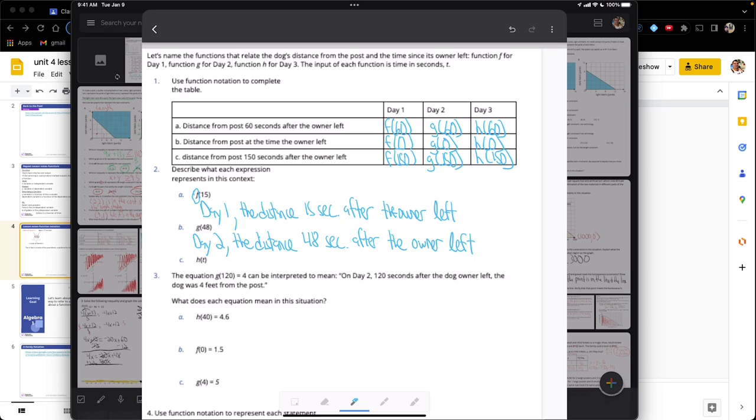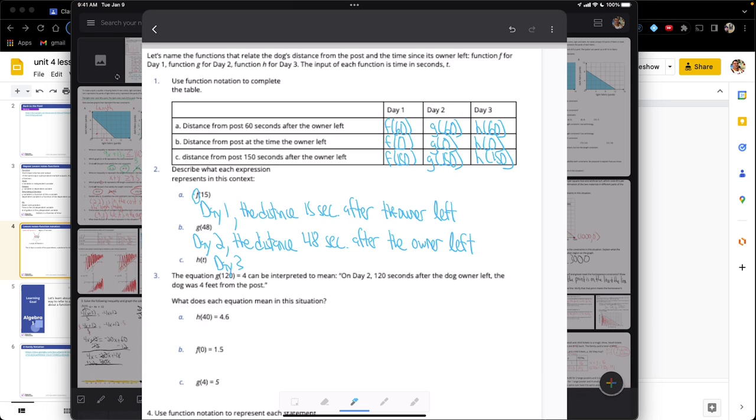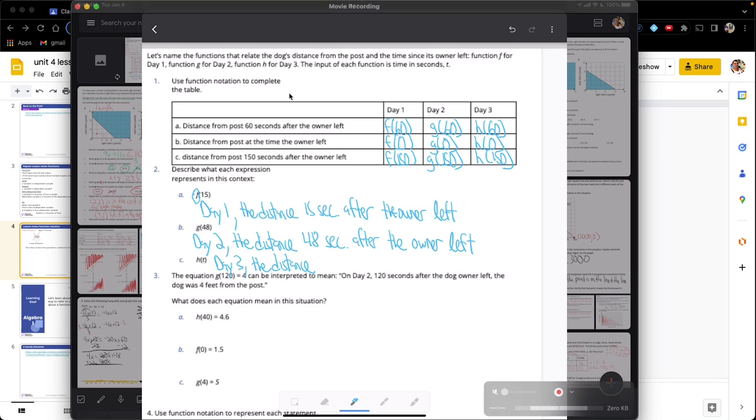Okay. Let's look at C, h of t. So h tells me we're dealing with day 3. So this is going to be day 3, which will represent the distance. And this time the input is t.